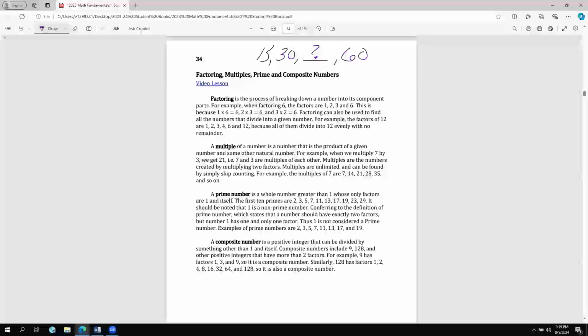Or what is the missing value? Your job is to figure out what number should be there based on the numbers that they've given you. So I already see that they've given me a 15 and a 30 and a 60. Now, your job is to figure out what that missing value is worth. The clues are the other numbers.